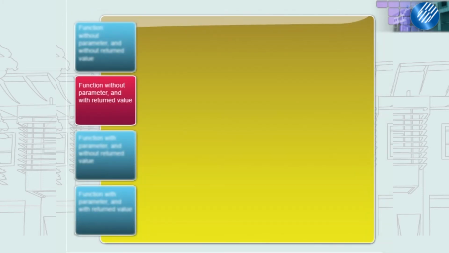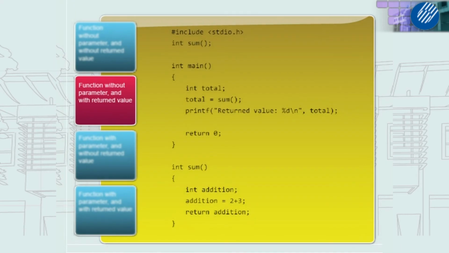Next, we take a look at the function that is called without parameter, but with a return value. The calling concept is still the same, but you can add a variable to accept the return value. Notice that in the function definition of sum, after the addition operation, the value is returned using the word return addition.